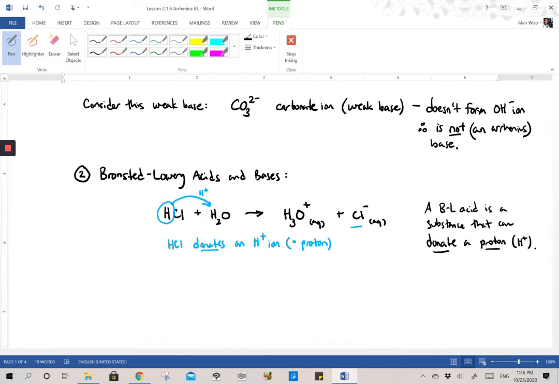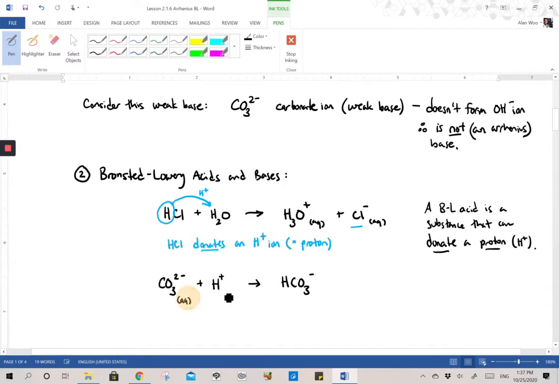So in this case here, we can go back to our carbonate ion. Okay. So if we were to give carbonate, let's say 1 proton, it would now become HCO3-.